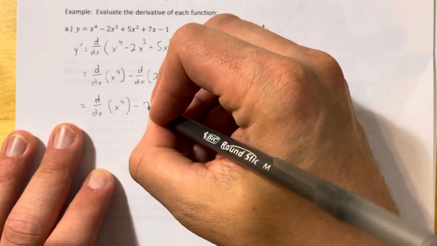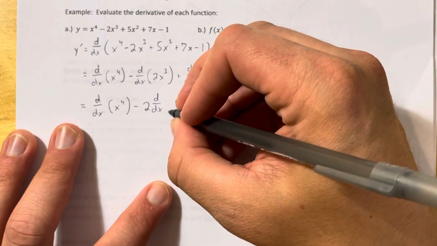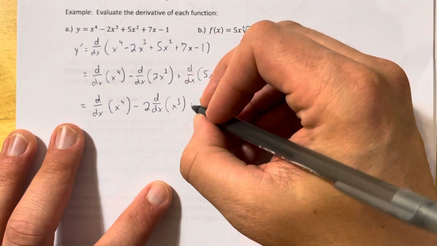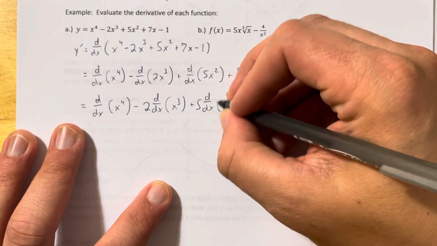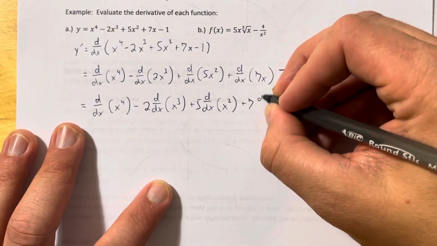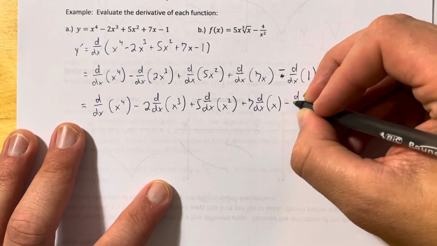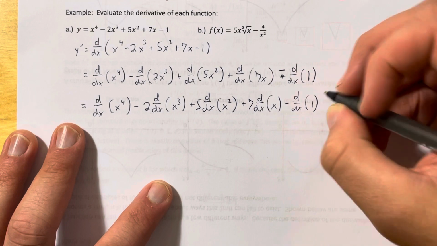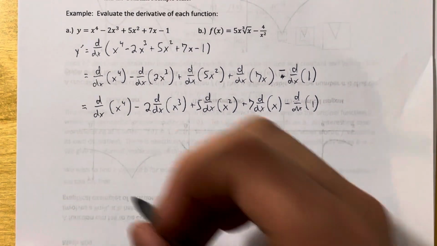So this becomes minus 2 d dx of x cubed plus 5 d dx of x squared plus 7 d dx of x minus d dx of 1. I technically don't need all the parentheses here, but I'm putting them there for consistency.